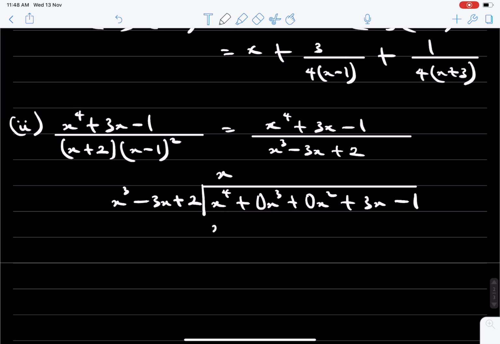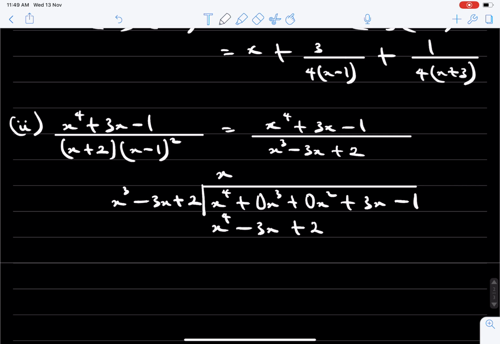x cubed times x is x raised to the power 4, minus 3x squared plus 2x. We are multiplying this divisor by the x.